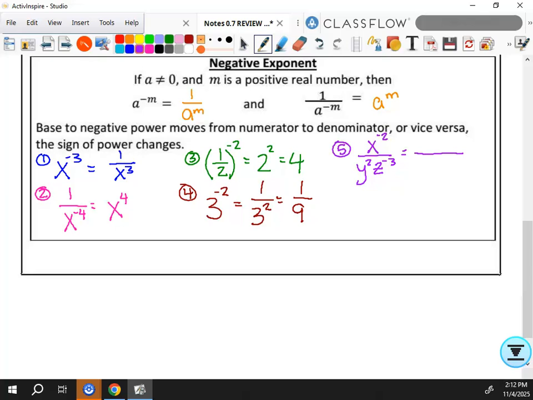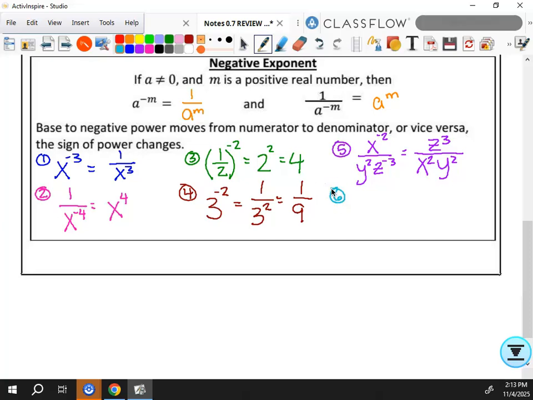He needs to go to the denominator, which makes the exponent positive now. Y squared has a positive exponent. He stays down here where he is. The z has a negative exponent, so he moves to the numerator, and the exponent becomes positive. Okay, that makes sense?